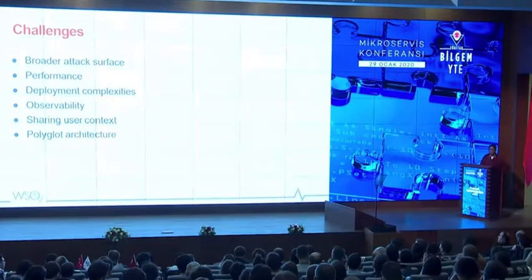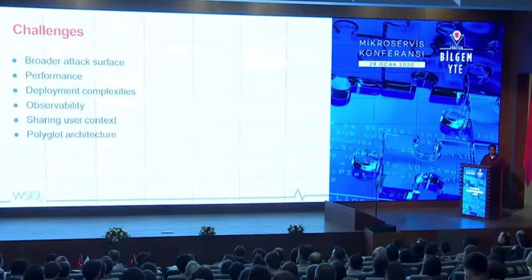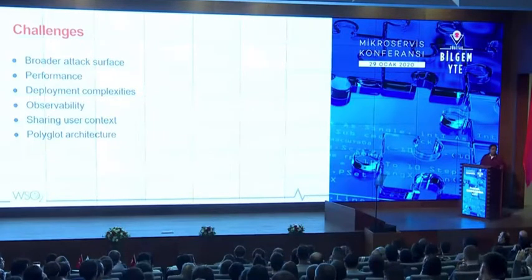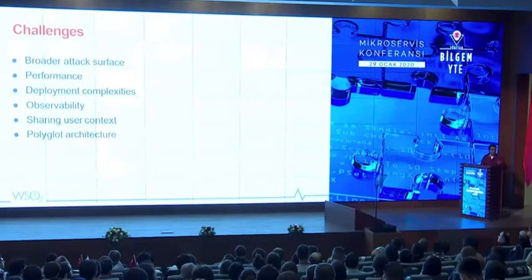Then the polyglot architecture. The polyglot architecture helps you to have different teams build microservices and pick whatever programming language or technology stack they want, which is optimized to address the problem they are solving with their microservice.